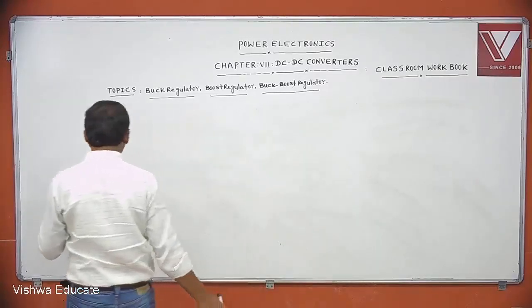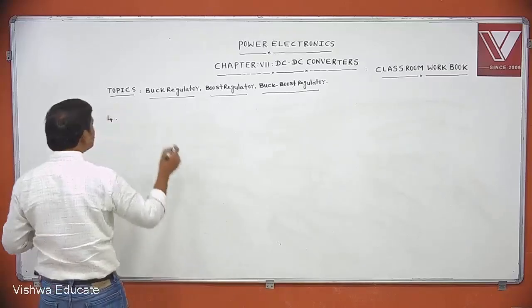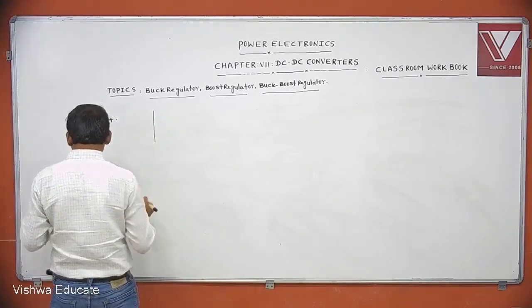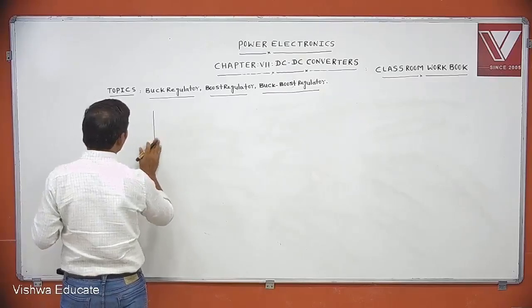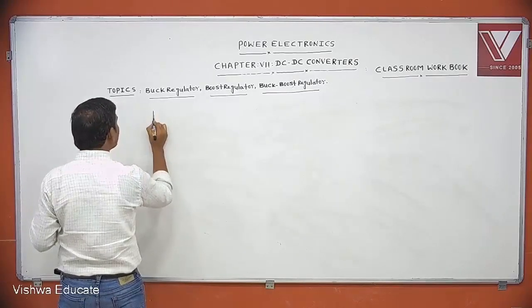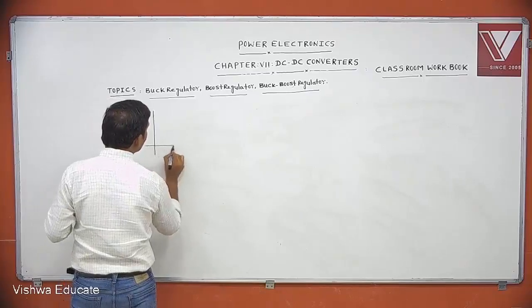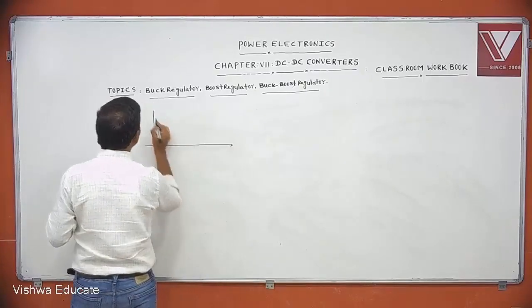That is figure 1. No need to draw the figure, but the waveform is also given. This is the voltage across the diode waveform. The voltage across the diode is nothing but the voltage across the load, because the diode is connected across the load.